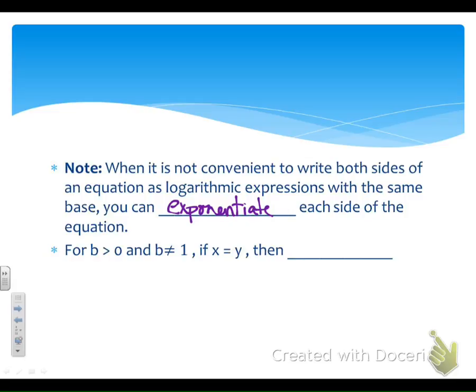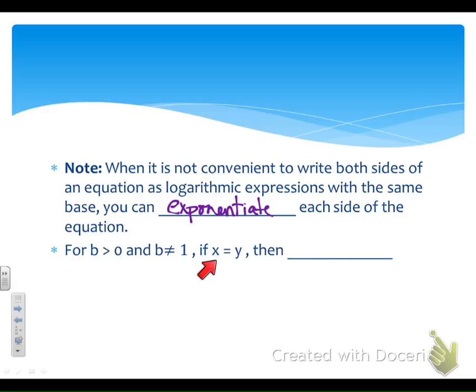I saw people on the last quiz try to divide logarithms on both sides. Bad thing is, division does not undo a logarithm. Think about what division undoes, because you know it. Division undoes multiplication. So logarithms and exponentials undo each other.